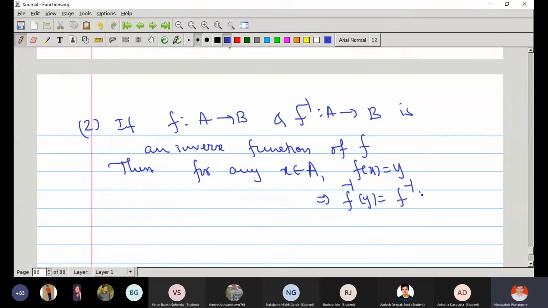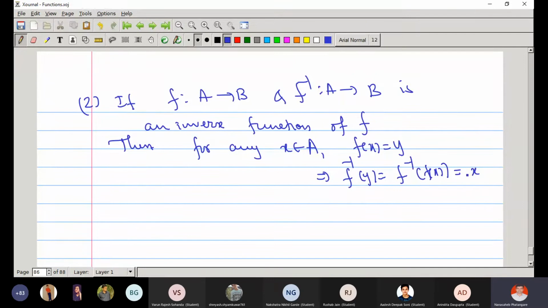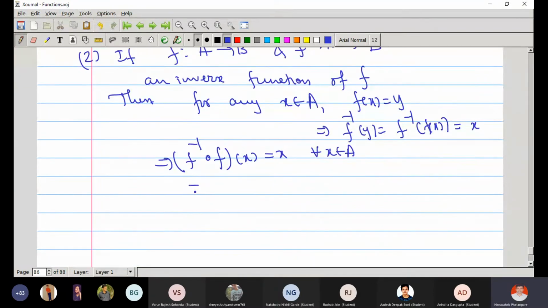That means what is f inverse of f of x? What should it be? x. That means f inverse composite f of x is x for every x in A. That means f inverse composite f is identity.